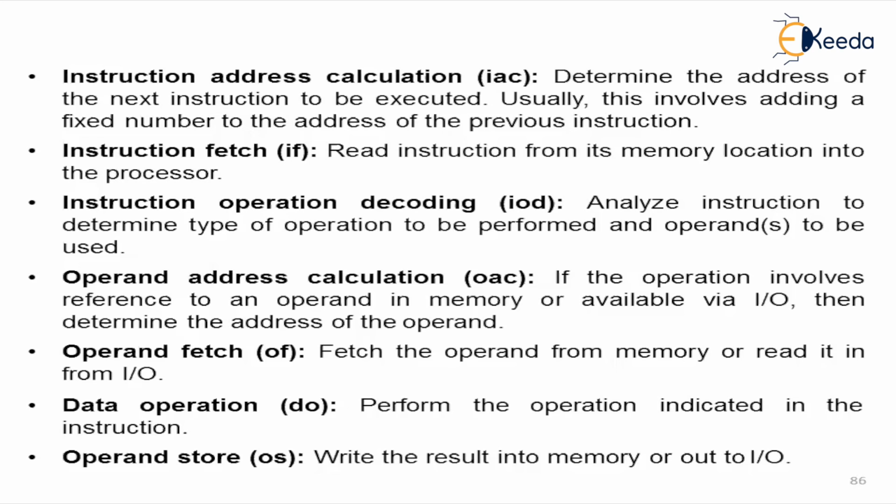Operand fetch: fetch the operand from memory, and it will do the operation considering the I/O devices. Data operation: perform the operation indicated in the instruction. Operand store: write the result into memory or out to input and output devices.